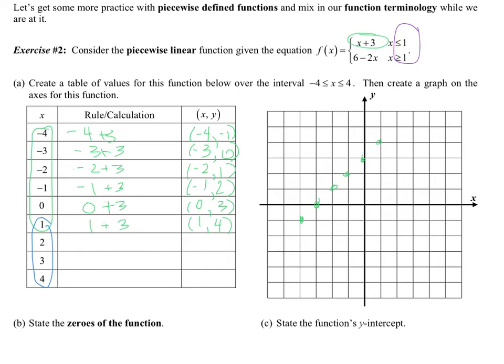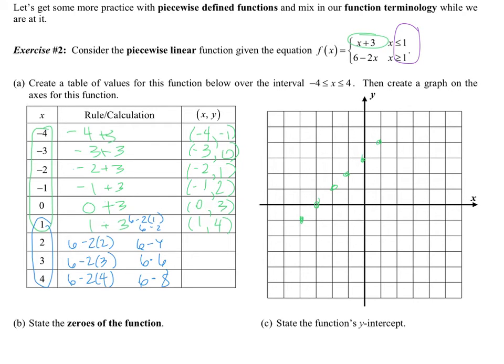Now we're going to look at the other equation, 6 minus 2 times x. So if we do 6 minus 2 times 1, 6 minus 2 times 2, 6 minus 2 times 3, and 6 minus 2 times 4. So 6 minus 2, 6 minus 4, 6 minus 6, and 6 minus 8.